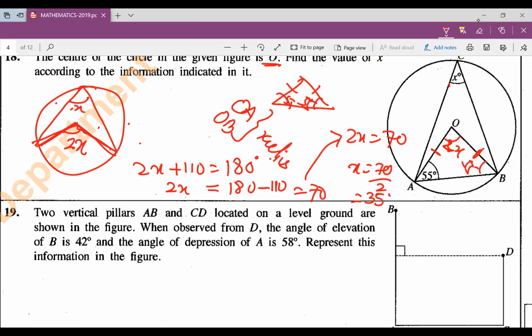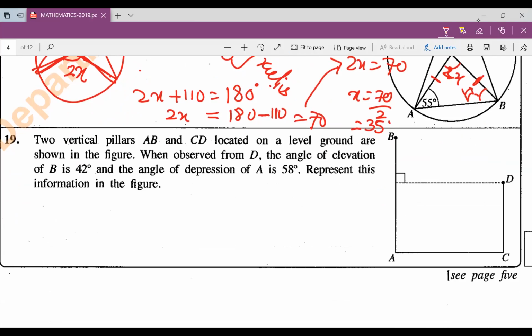So two vertical pillars AB and CD located on a level ground are shown in the figure. When observed from D, the angle of elevation of D is 42 degrees and the angle of depression of A is 58 degrees. Represent this information in the figure.